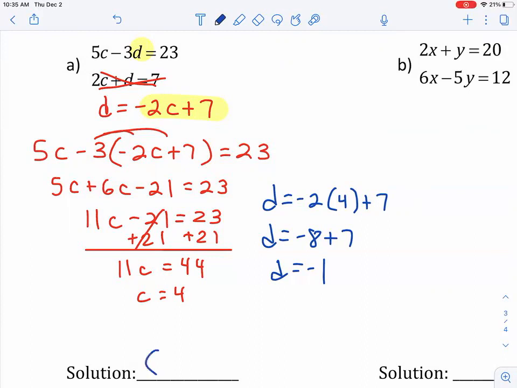And when we write our solution, they're typically in alphabetical order. And so we have a solution of 4, -1. So just like we were doing yesterday, where we were getting an ordered pair as our solution, doing it graphically, today we are just doing it using a different method, doing it by substitution.